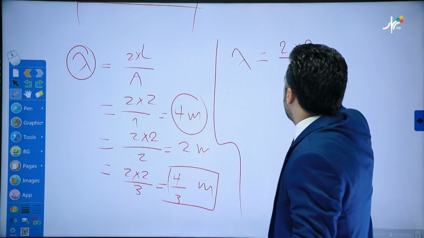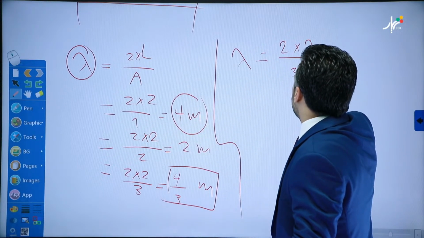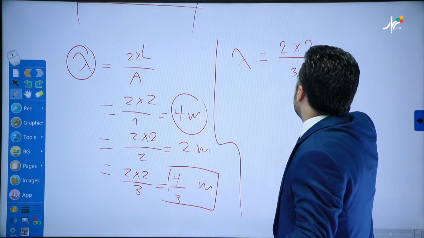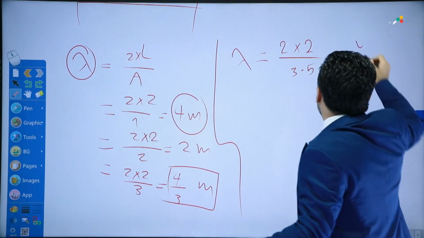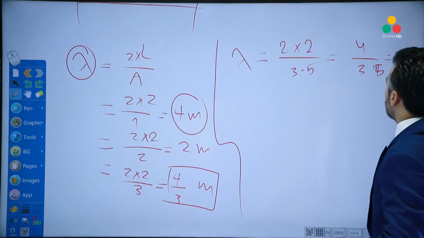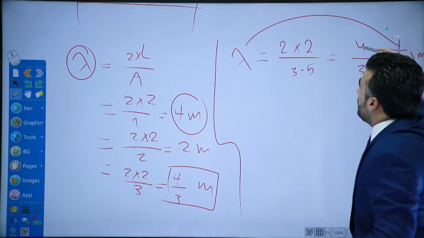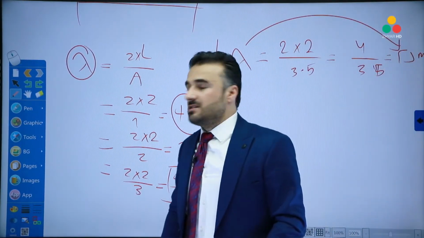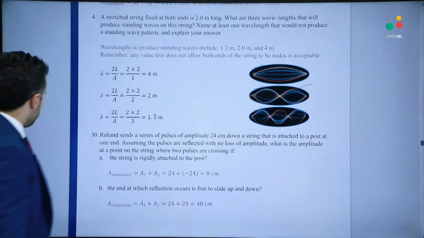So let's say 3.5. In this case, 4 divided by 3.5, you get a number in meters. So this wavelength here will not produce a standing wave.